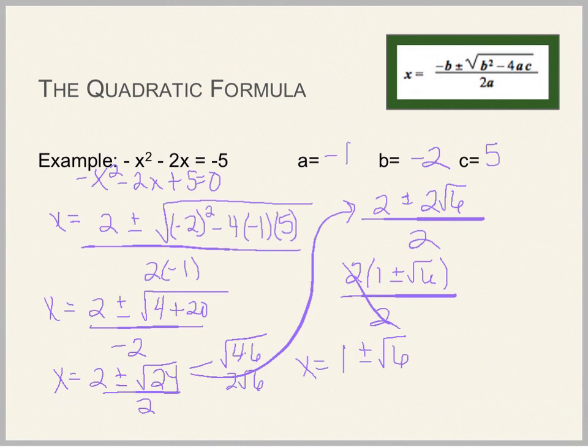So there's two answers, 1 plus the square root of 6 and 1 minus the square root of 6. And if we actually wanted to calculate this out, the two approximations for this would be negative 3.45 or positive 1.45. So you can take the square root of 6 and find those approximations, but oftentimes we leave it in this format.